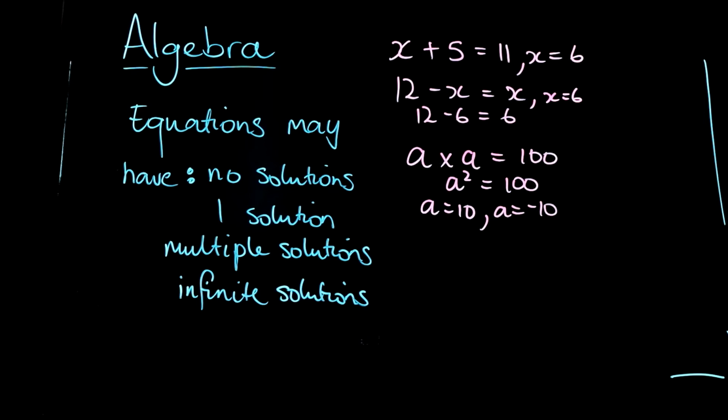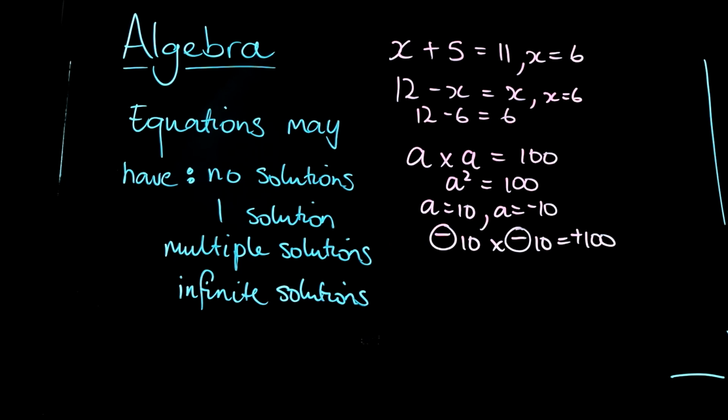What we need to think about here is applying our knowledge of negative numbers, and we've got negative 10 times negative 10. I'm just pointing this out, and this turns into a positive 100. I'm writing it a little bit differently to show you that two negatives multiplied together give a positive answer. So there's a situation where you've got multiple solutions.